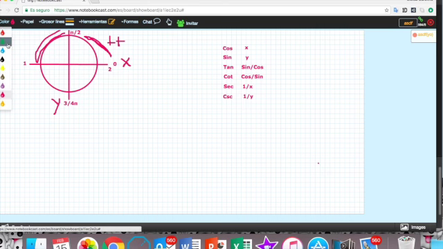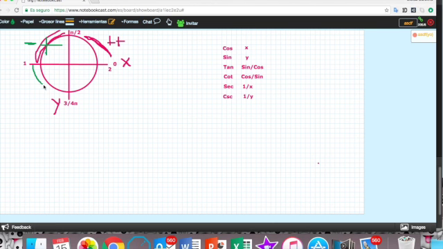To determine the value of the corresponding trigonometric functions on a unit circle that is smaller than 2 pi, we need to consider that the line that we have is x and the other line is y. What we need to do is to locate the 4 quadrants of the circle and see where x and y are and check if they are positive, so you can determine the coordinate.